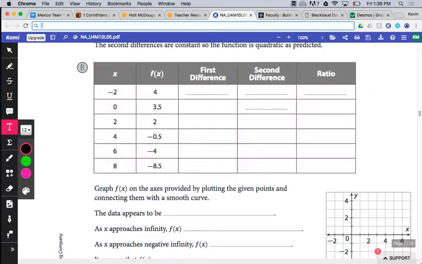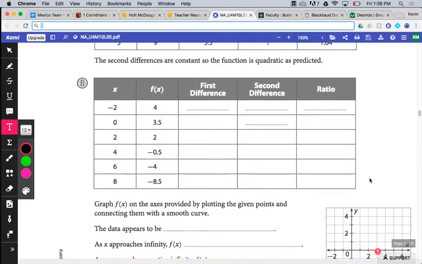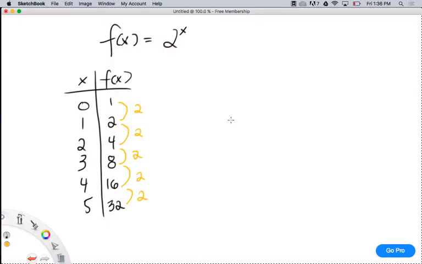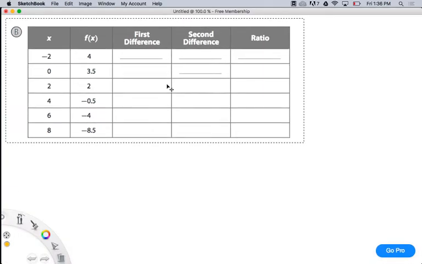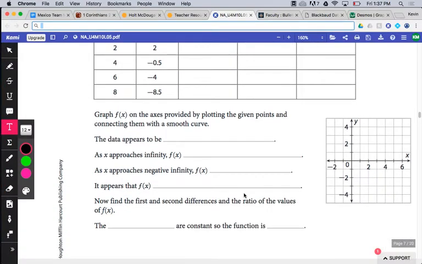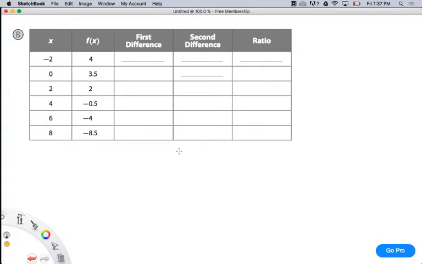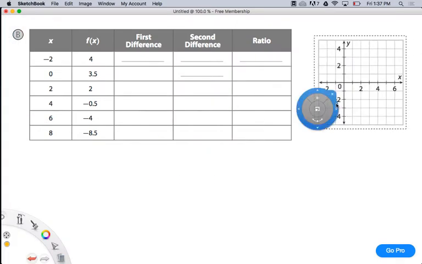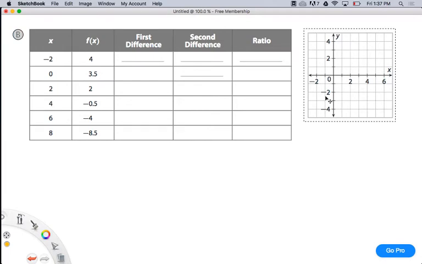Everybody turn to page 495 in your books. Page 495 gives you a table of values. And with this table of values, it says, tell me what kind of function would give me this kind of table of values.